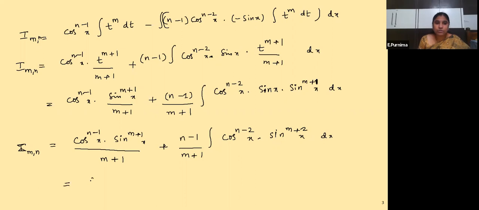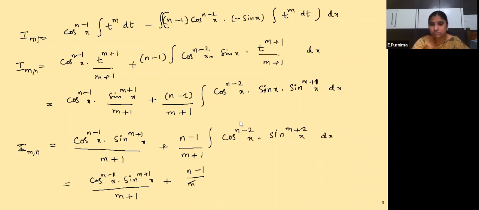Clear? Now, what is the next thing here we should do? It is equal to cos to the power of n minus 1 x into sin to the power of m plus 1 x by m plus 1 plus n minus 1 by m plus 1 into integral cos to the power of n minus 2 x into sin to the power of m plus 2, I am writing as sin to the power of m x into sin square x.